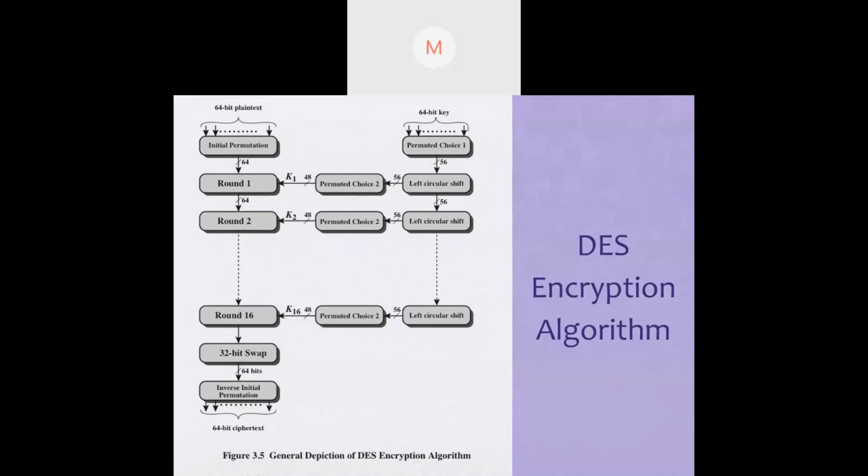What is the difference between DES and the Feistel cipher? Because DES follows the Feistel block cipher, but what's the difference? I think the difference is that in DES encryption, they don't divide the data itself, the plain text, while in the Feistel cipher, we divide the data into two halves and then we work with the key itself.